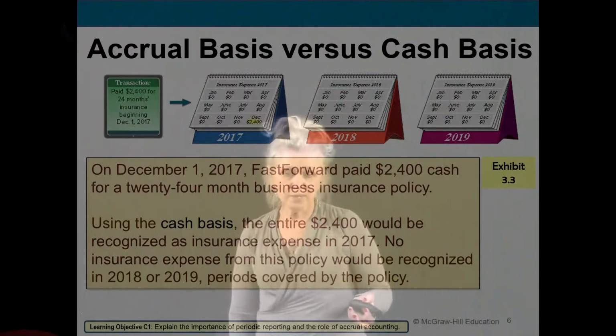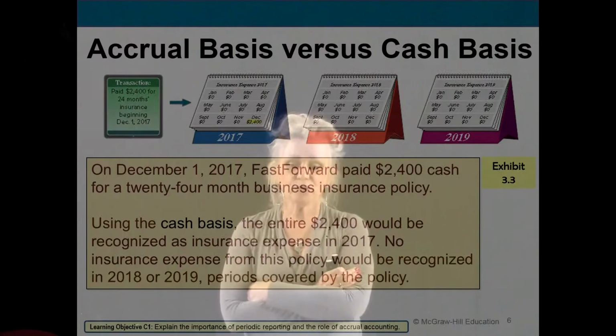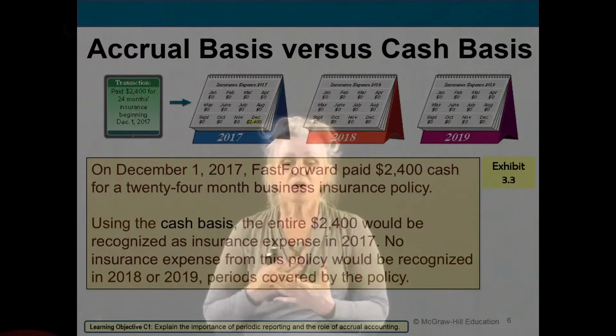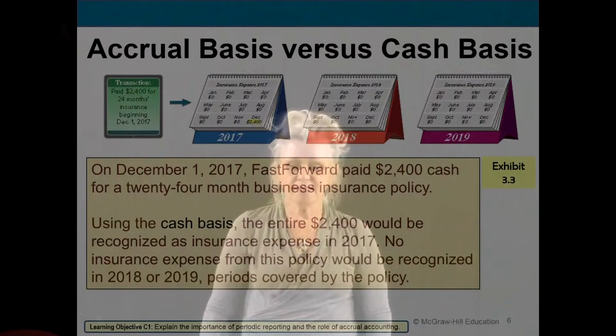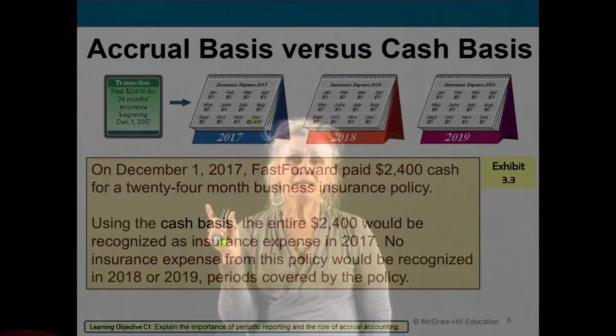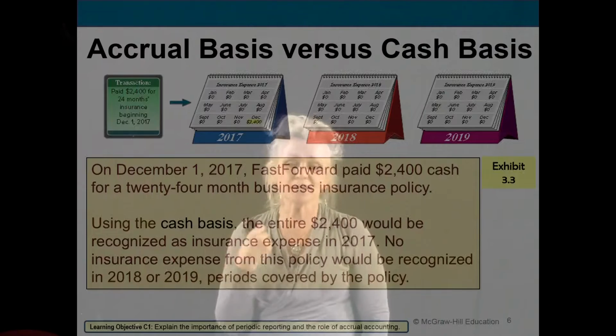On December 1st, 2017, Fast Forward purchased a 24-month business insurance policy for $2,400 cash. If we recognize this on the cash basis, all $2,400 would be charged to the 2017 year, and that doesn't show an accurate accounting.